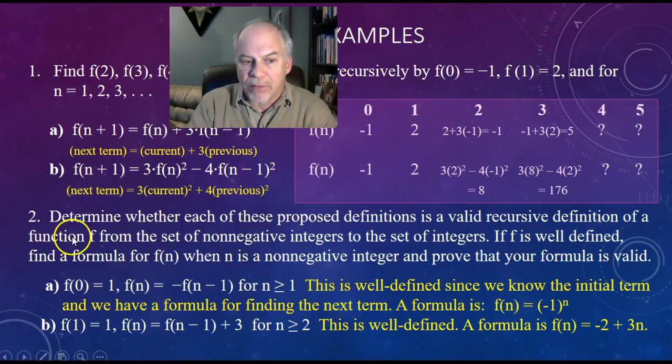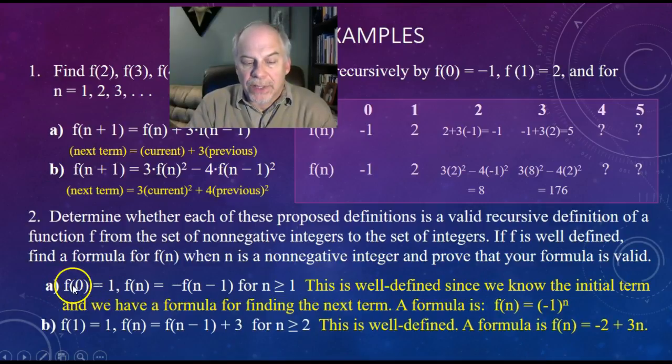If f is well-defined, find a formula for f of n when n is a non-negative integer and prove that your formula is valid. Now, I didn't do the proving that your formula is valid thing, but you could just plug it into this and see if it works.